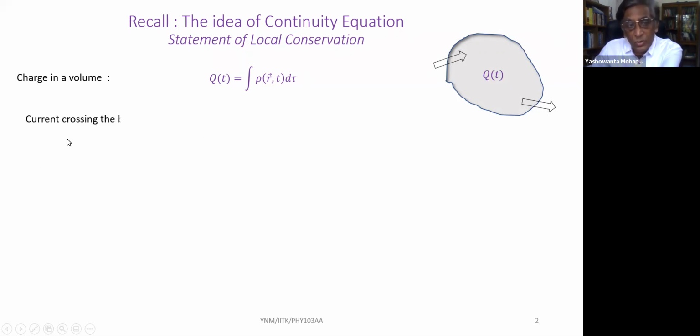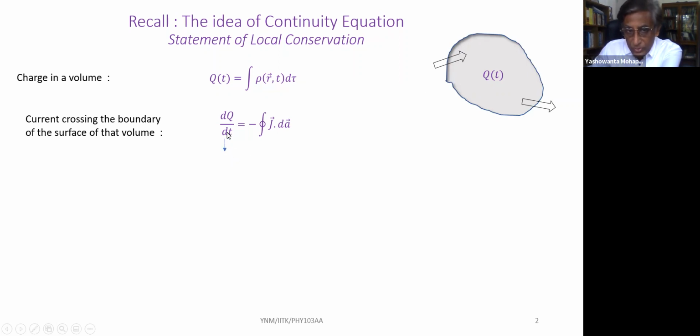So the current crossing the boundary of the surface of that volume, we can write down as the rate of change of the Q in the volume, and that is the net current. If dQ/dt is decreasing, then the net current is going out: minus J dot dA over this area.